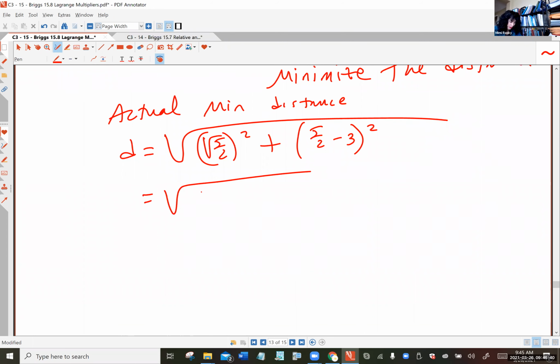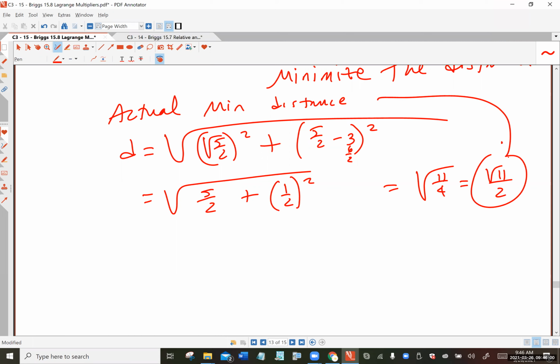So this is going to look like what? 5/2 plus some funky number here. 5/2 minus, this is minus 6/2. So this is going to be basically a half squared. And you're going to end up, I think, with square root of 11/4, which is square root 11 over 2. So there's your actual min distance right there. Square root of 11 over 2. And we're done. That's the answer. That's the minimum distance from that point P to the parabola.